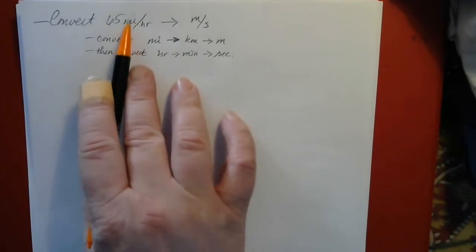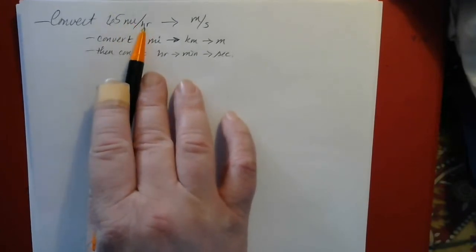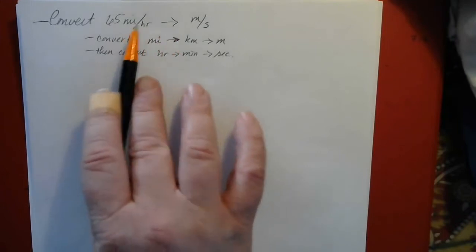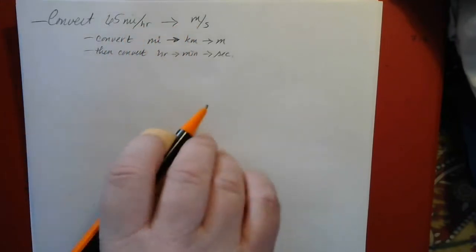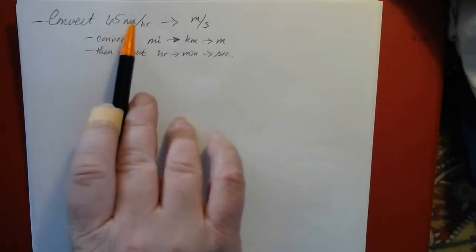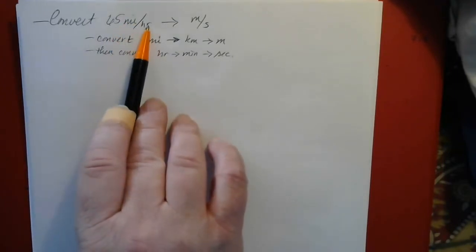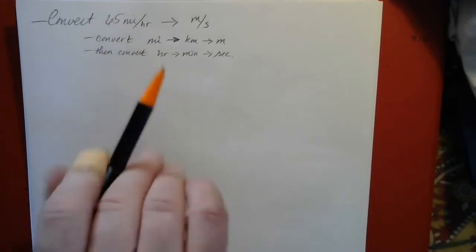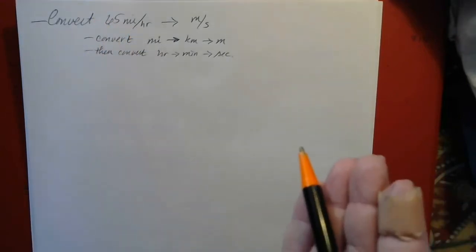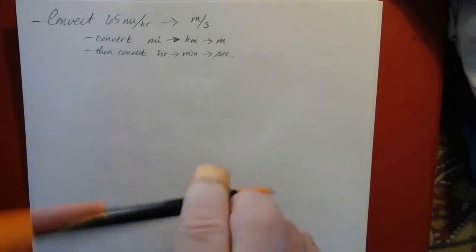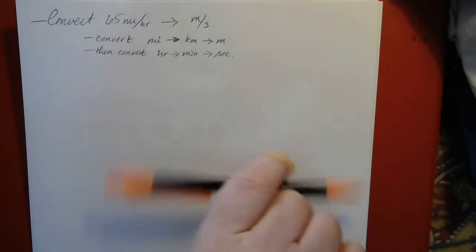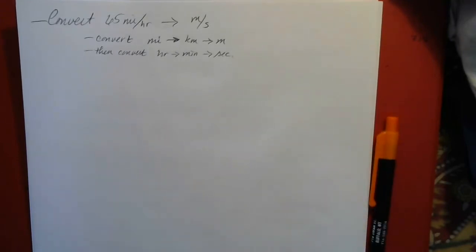This is a compound unit because it's made up of both miles and hours. And you might have to convert a unit like that in a situation where you have to convert both the unit in the numerator and the unit in the denominator. For instance, miles per hour is the most common unit for measuring speeds in the English system of measurement, and kilometers per hour would be the most common in everyday metric use.